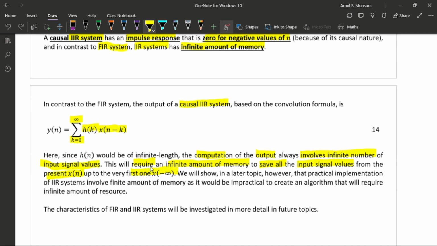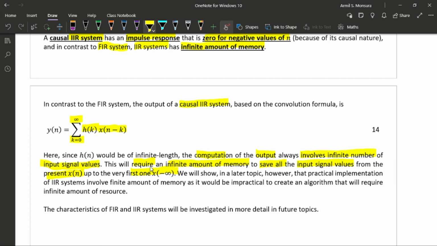Like in the FIR system, we will maintain here a certain window for you to be able to scale your input. But the length of that window, instead of finite as in M, like in our previous discussion, becomes infinite.